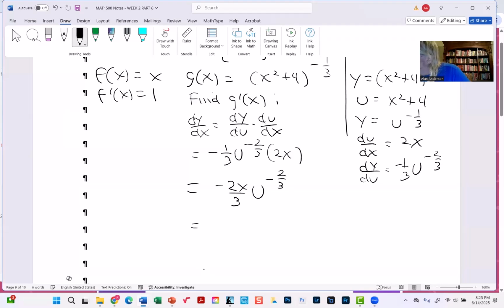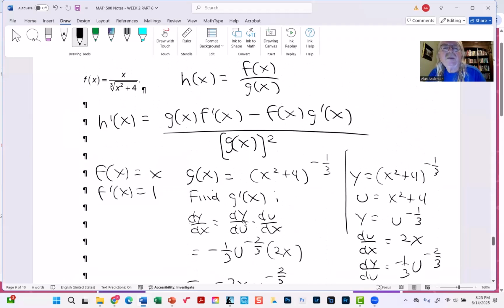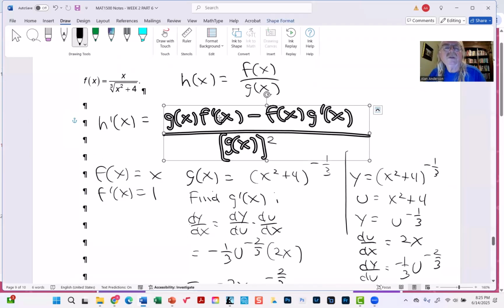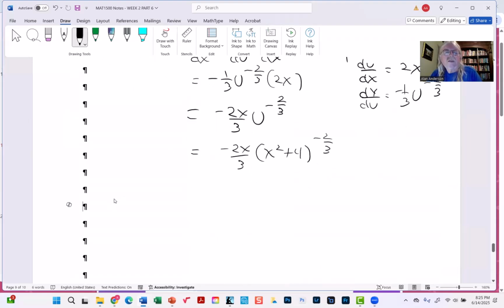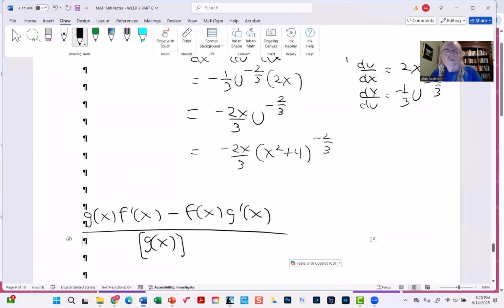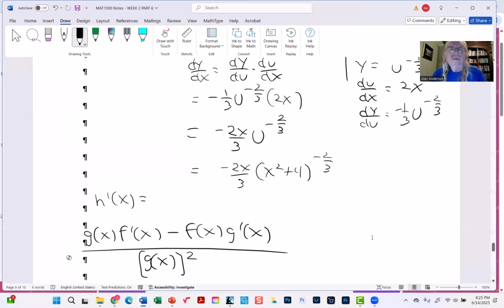And then the u itself, remember, was x squared plus 4. So that's g prime of x. So now all of this gets plugged back into the rule, the quotient rule, that is. Wow. Luckily, that's the only messy one.